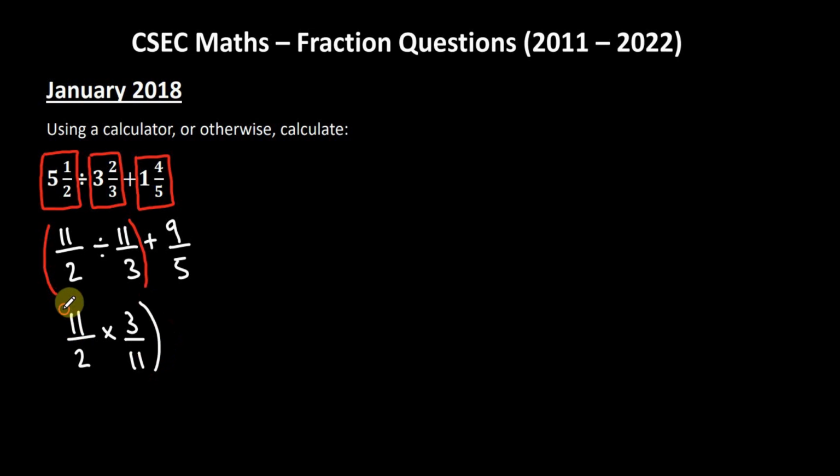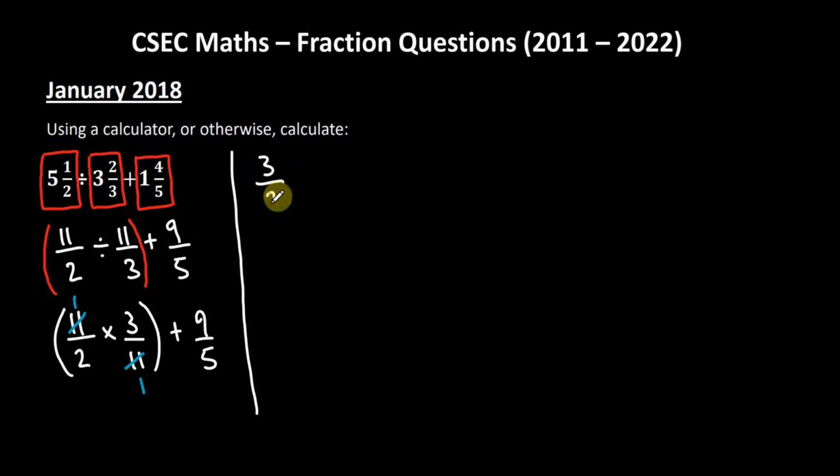I keep this in brackets for now. And we have plus 9/5 here. Now we can definitely simplify this one. So we can say 11 into itself goes one time, 11 into itself again goes one time, which means, and let us continue on this side, we'll be left with 1 times 3, that's 3, divided by 2 times 1, that's 2, plus 9/5.